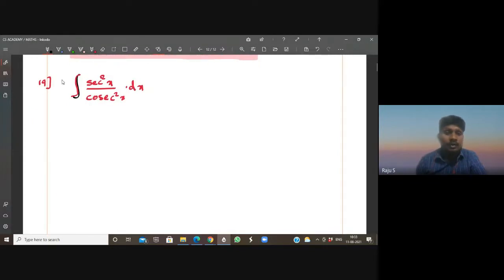There is no formula for u by v, so you can try to convert it into sine and cos. Secant square can be written as 1 by cos square x, and 1 by cosecant square x becomes sine square x, dx. So this is equal to sine square by cos square, which is tan square x dx.